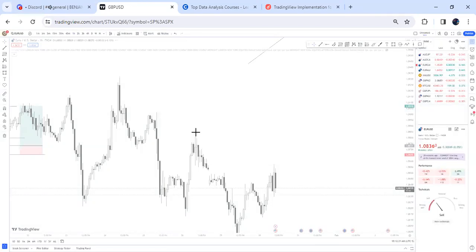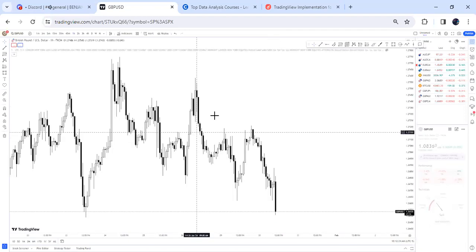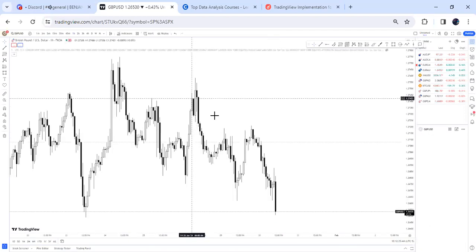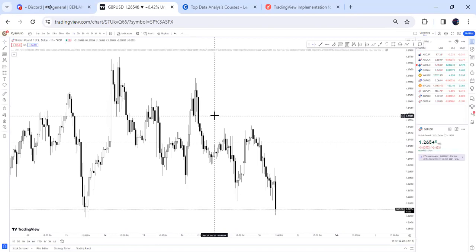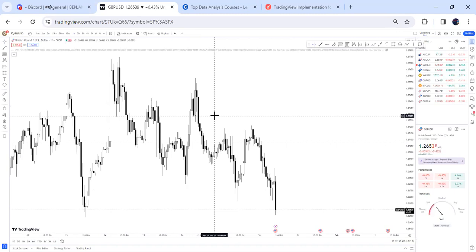You can see that GU is also bearish. It may not be as picture perfect as EU is, but the idea has already been established, and the idea is the fact that EU and GU are moving in the same direction.